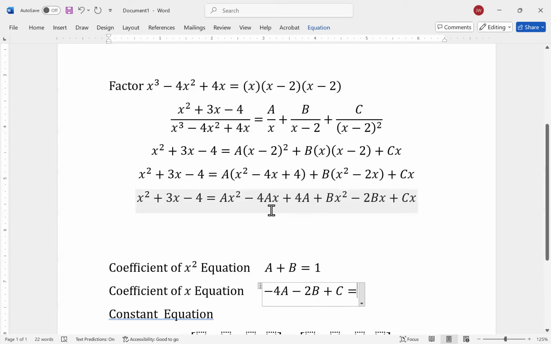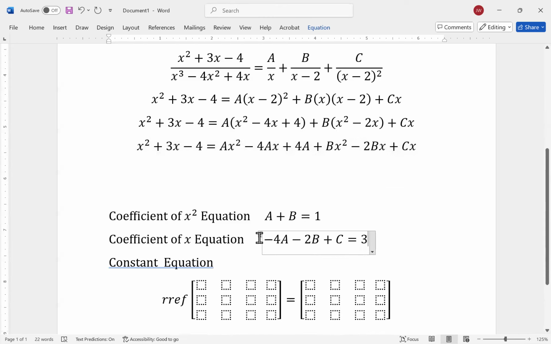Those are all the x terms. Negative 4ax minus 2bx plus cx has to add to the other side, which is 3x. So it has to add to 3. So negative 4a minus 2b plus c has to be equal to 3.